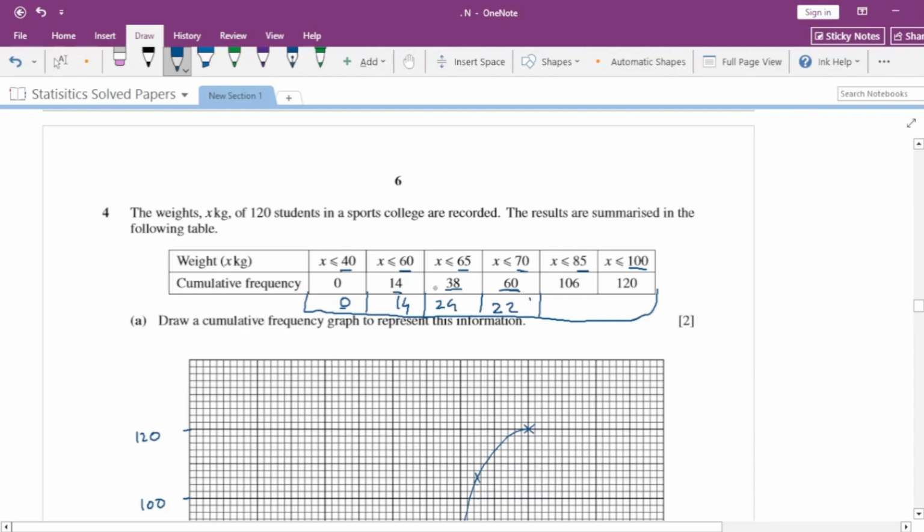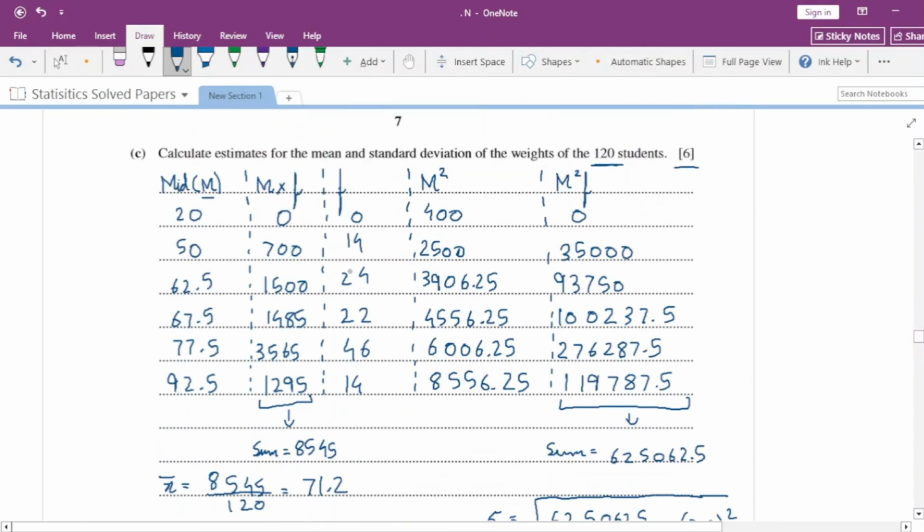Then what would we add to 14 plus 0 that will give us 38? So we just subtract 38 and 14, and that will give us 24. So 0 plus 14 plus 24 gives us 38. The same goes for 60. For that we get 22, because 22 plus 24 plus 14 plus 0 gives us 60, and so on. So we get the frequency values.